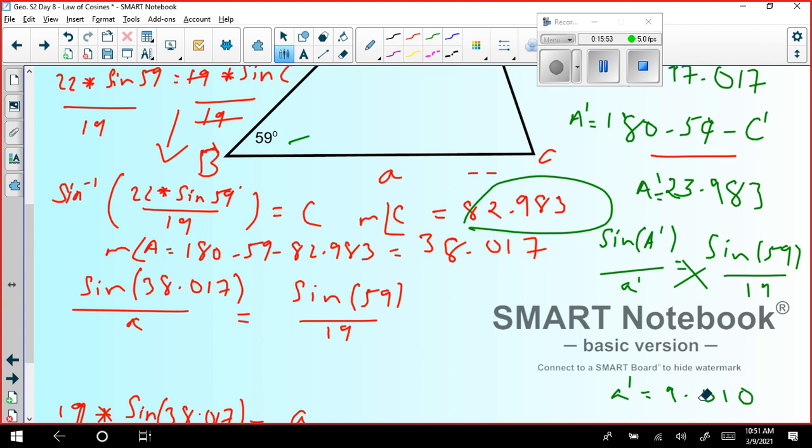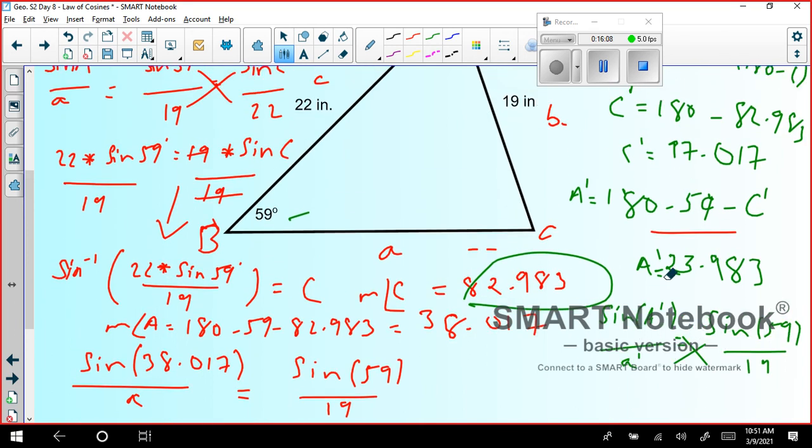So this was a problem of two solutions. I was able to find two solutions. So whenever I have a side-side-angle combination, there is a possibility of getting one, two or no solution. Supposing this angle was larger, I would have got a negative number here, and then I would have only one solution.